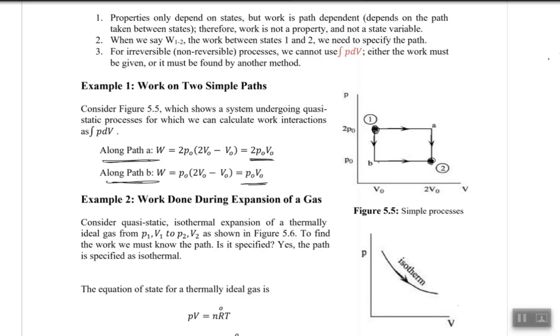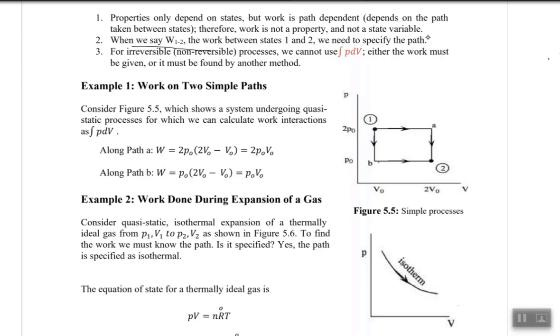In these two different processes, I have two different amounts of work. So work done is a path dependent property. When we say work done from 1 to 2, we must specify the path of the system. Again, work done is a process dependent property.